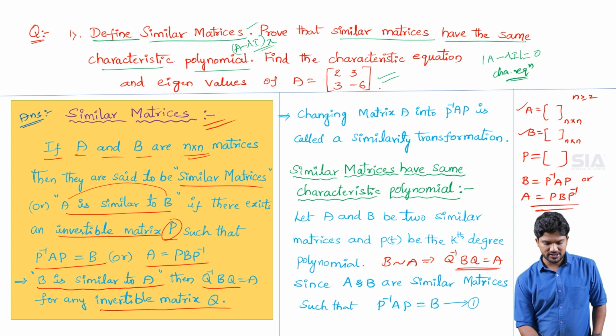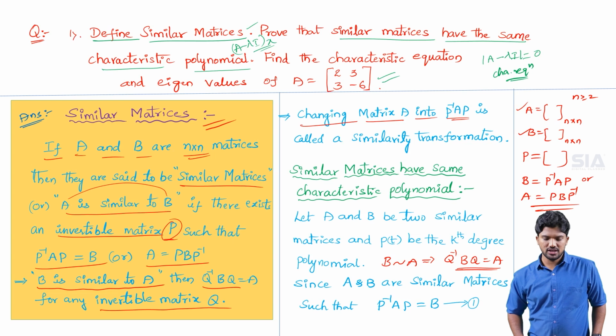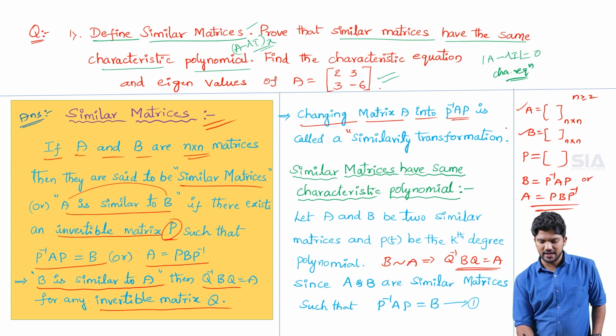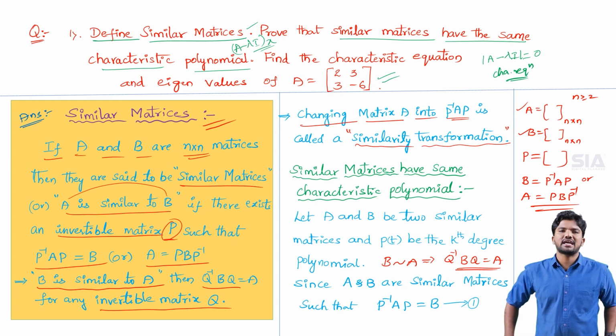The next point is, changing a matrix from capital A into P inverse A P is called a similarity transformation. The total process is called similarity transformation.